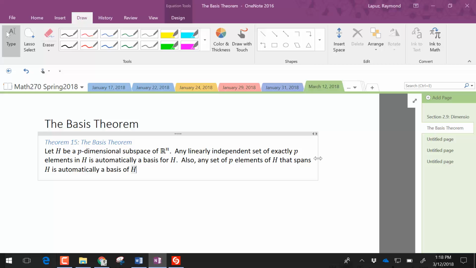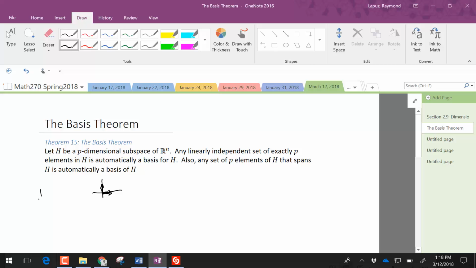We kind of did this in our simple example on the first page. We have the i, j vectors in R2, and then we switch the basis to b1 and b2.